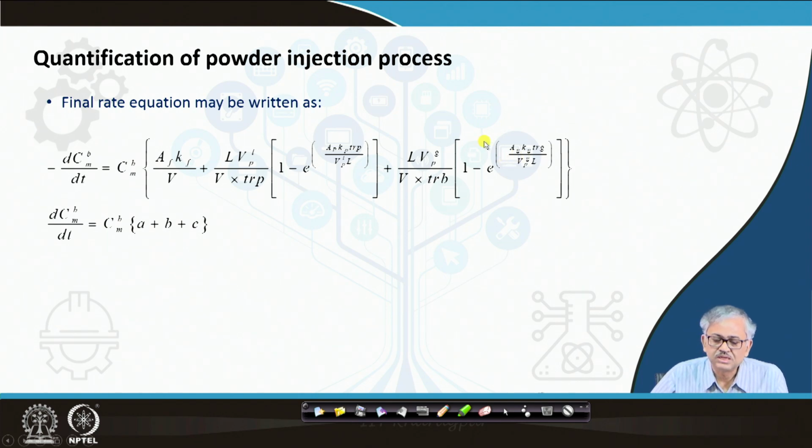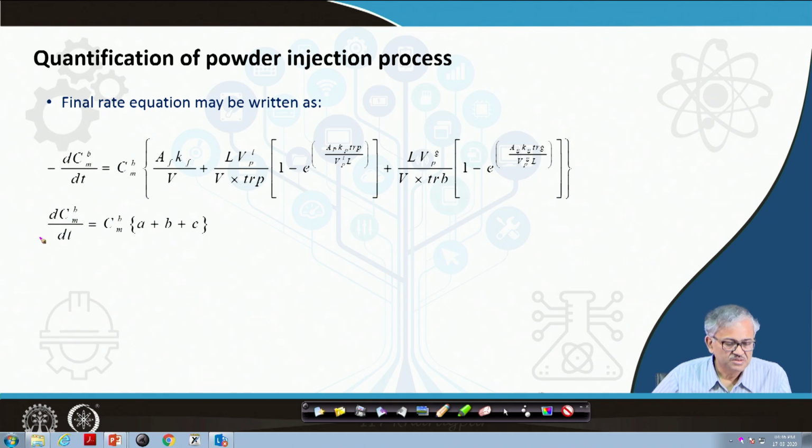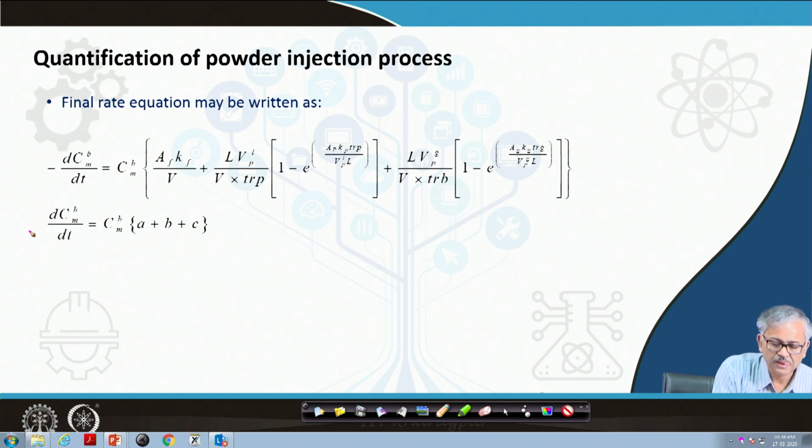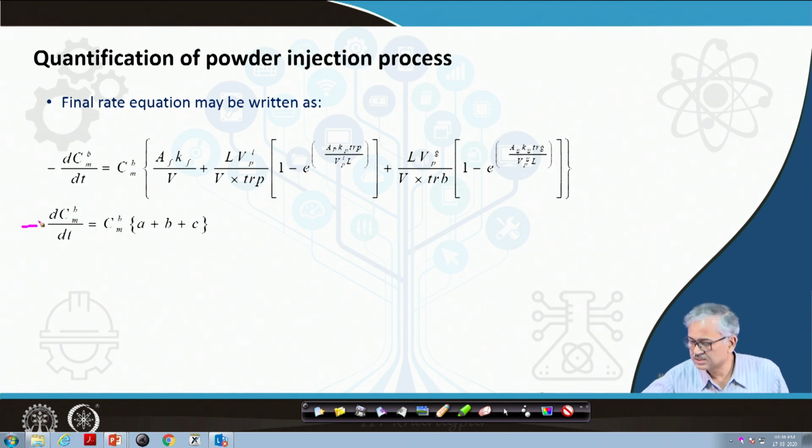So the three rate constants, I can write the equation: minus dCMB/dt is equal to CMB into A plus B plus C, where A, B, C are simply the rate constants at the permanent contact zone, the free rising particle, and the free rising bubble interface.